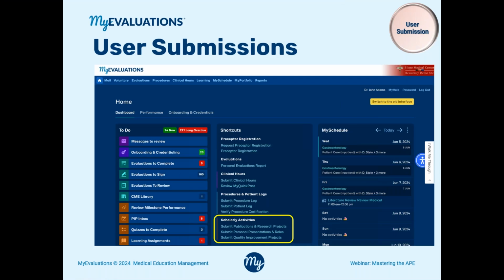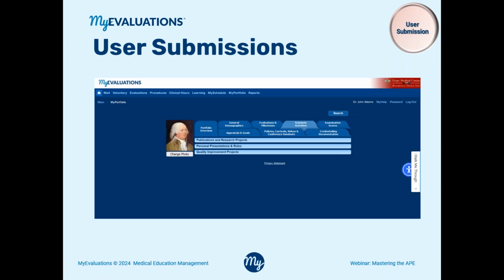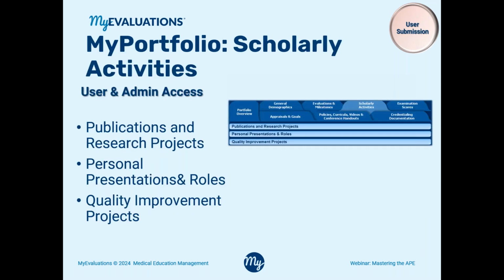Selecting those options will automatically redirect the resident or the faculty to My Portfolio under the scholarly activities section, and they have access to publications, personal presentations, and QI projects. So let's review these sections individually to become a bit more familiar with what each one of these components does.